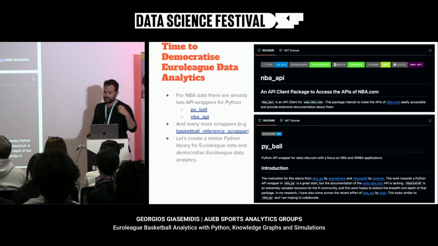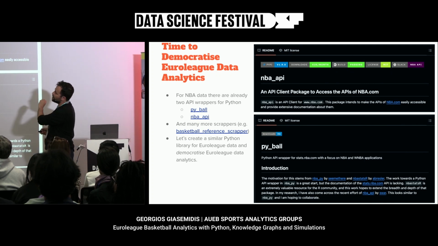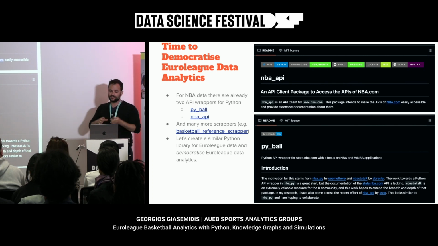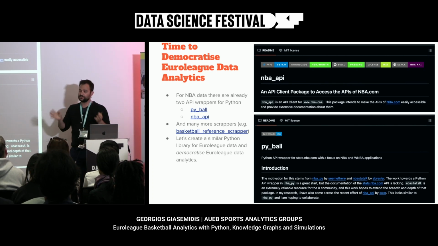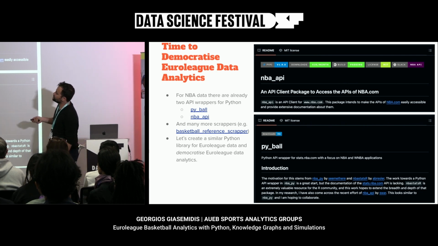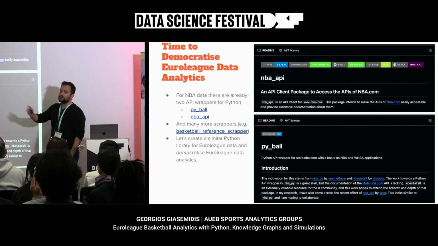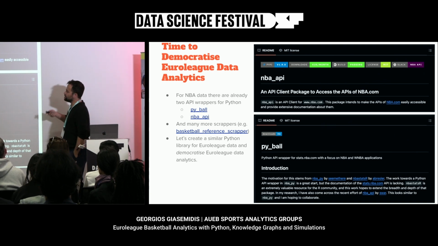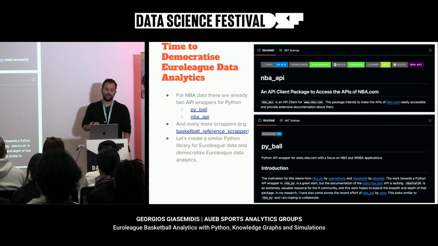The motivation came from the NBA again. In the NBA, the API is well documented, and it's free, publicly available. And in Python, there are some nice packages you can use to fetch the data very easily. So I thought, let's create a similar package for Euroleague data, to democratize Euroleague data analytics.